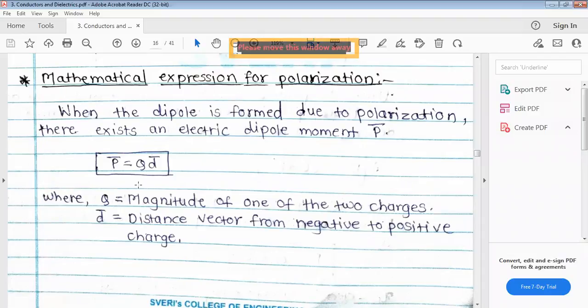Then I can say you understood the concept of an electric dipole. Did all of you get my question? Why is the magnitude of only one charge considered, and why not of the second charge?